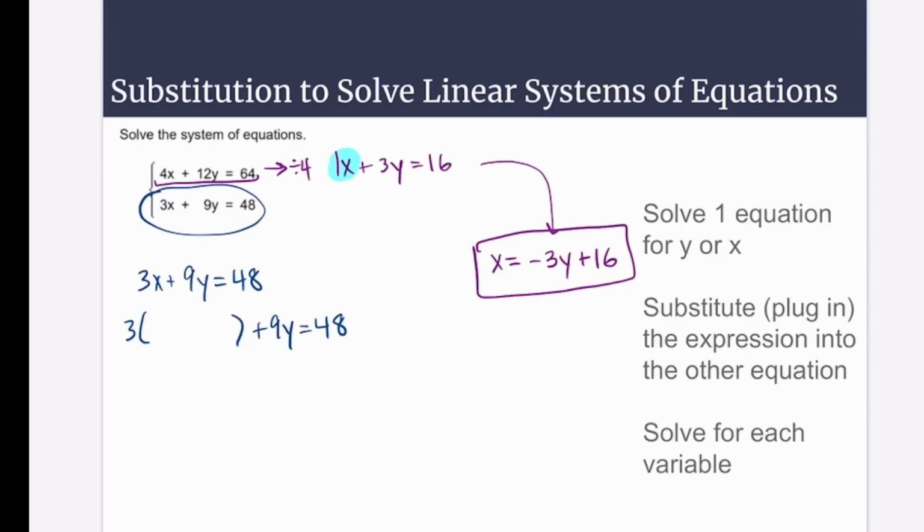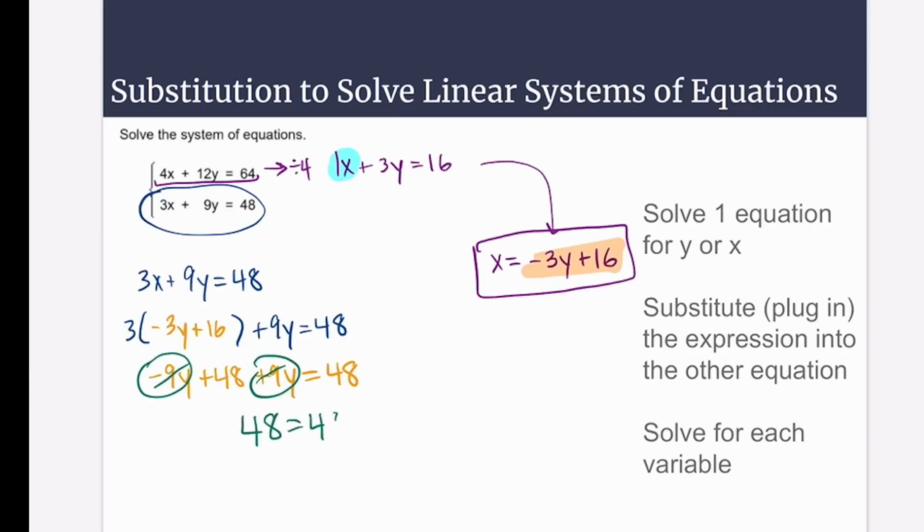So I'm taking this negative 3y plus 16, and I'm going to substitute it. Negative 3y plus 16. And now we're just solving. So negative 9y plus 48 plus 9y equals 48. All right, special case. So negative 9y plus 9y, that's 0.